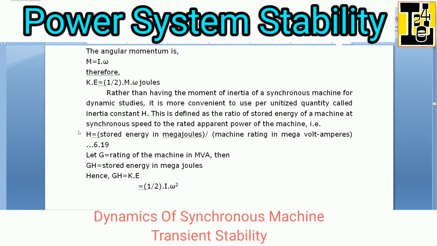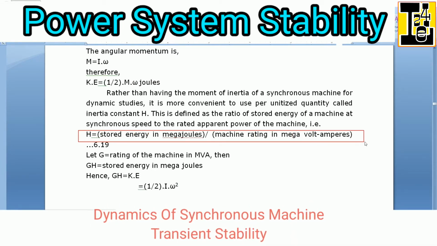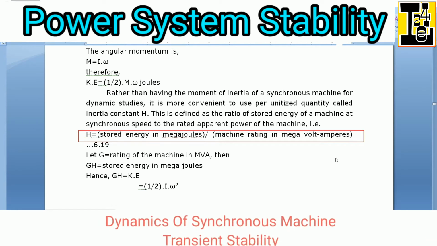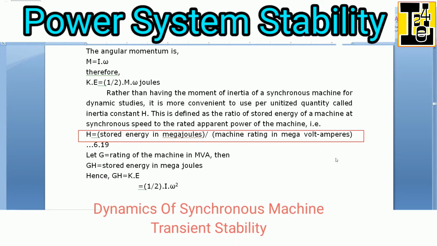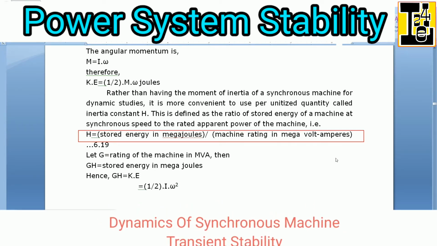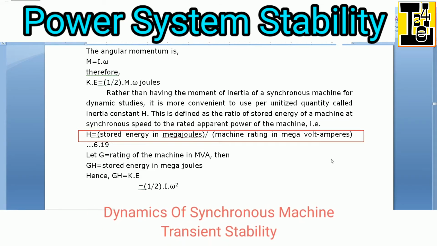H equals stored energy in megajoules divided by machine rating in megavolt amperes.